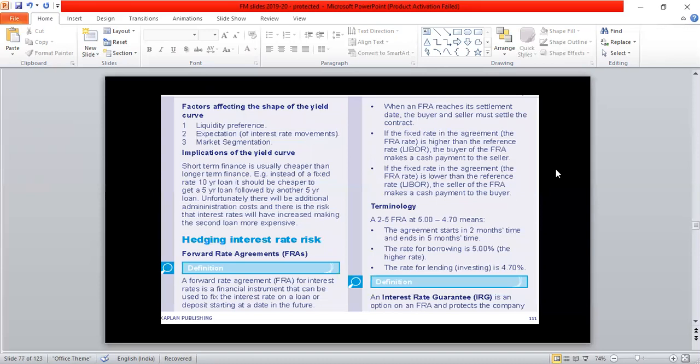Okay. So what are the factors affecting the shape of the yield curve? One is liquidity preferences, expectation of interest rate movements, and market segmentation. Liquidity preferences, to convert them back into cash. So what is their option of liquidating it, or what is the term period?